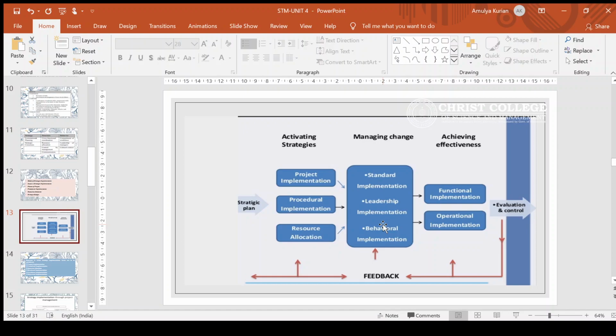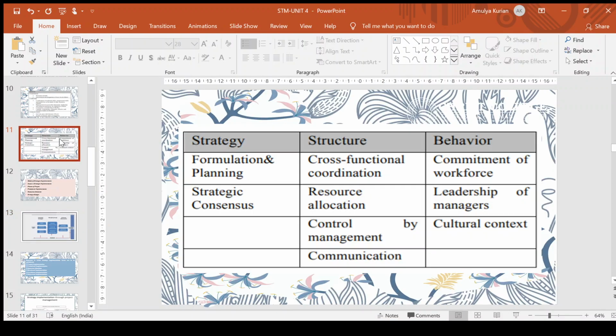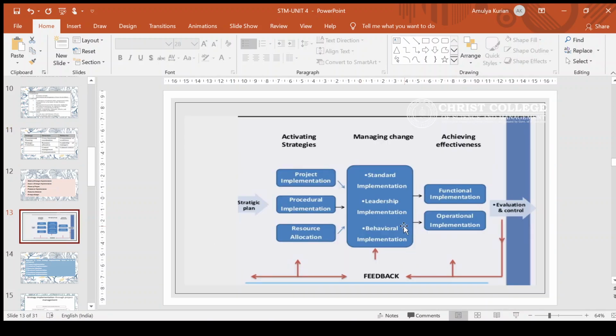And behavioral implementation, as told in the earlier ones, the key factors being structure, behavior, and strategy. In this implementation, again we will be looking at the behavior, how we should motivate the employees, what the communication channel should be, and how the culture should be maintained in the corporate world.